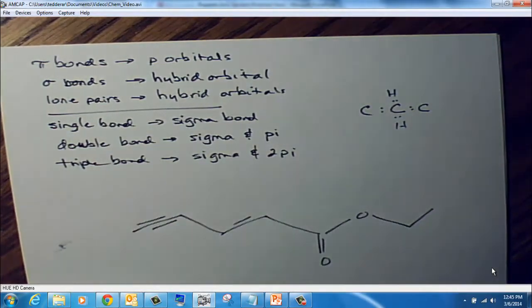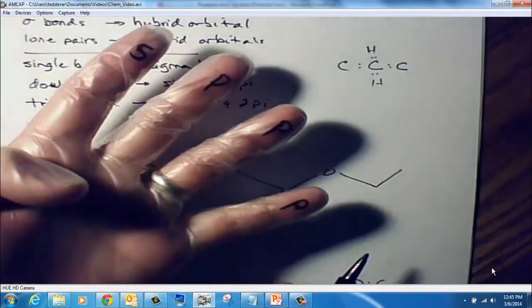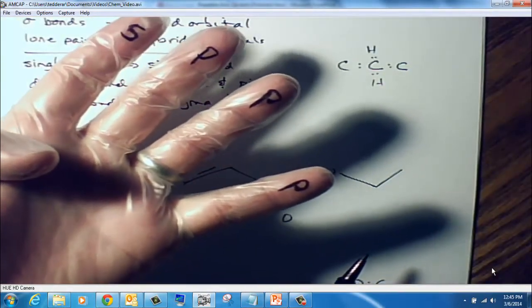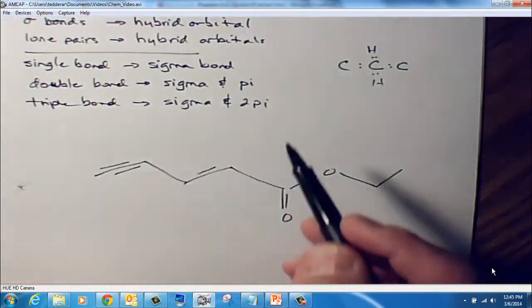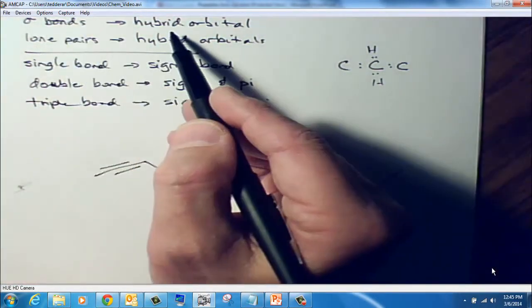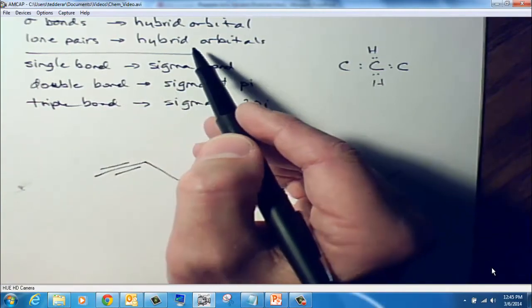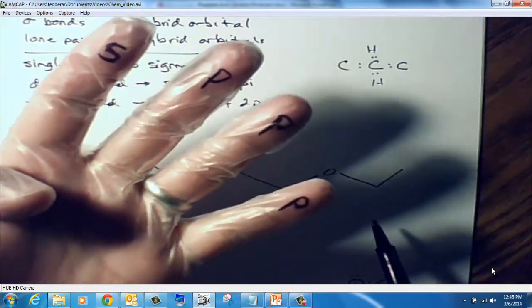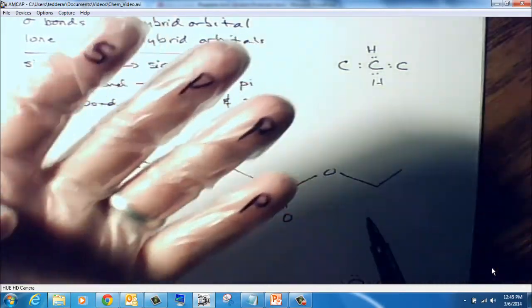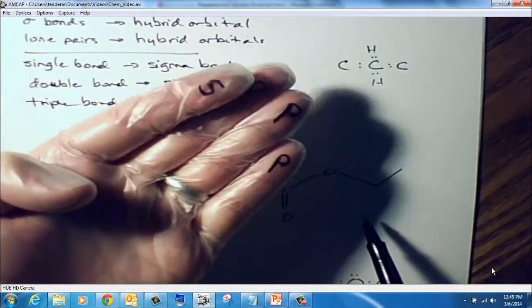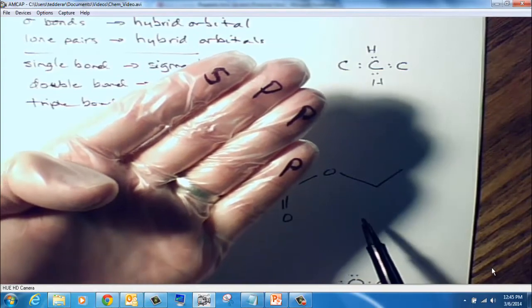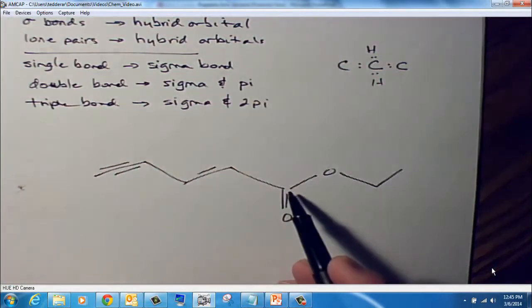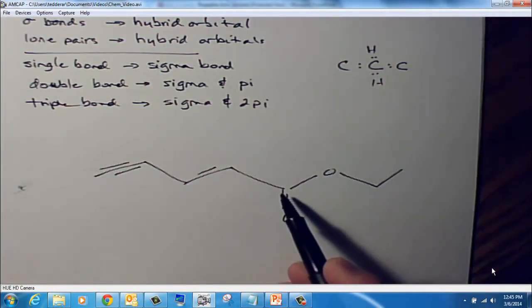Lone pairs come from hybrid orbitals, right? How many orbitals are hybridized? You have 2 single bonds, hybrid orbitals, 2 lone pairs, hybrid orbitals. That's 4 hybrid orbitals. So all 4 valence orbitals have to be hybridized. The hybridization is sp3. Got that?